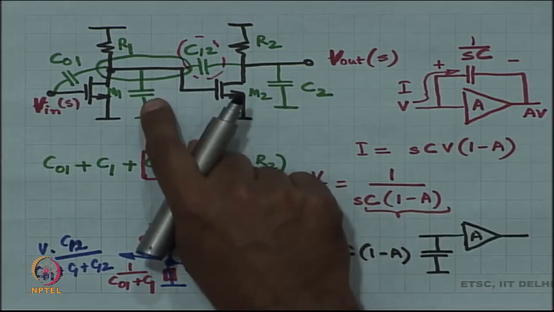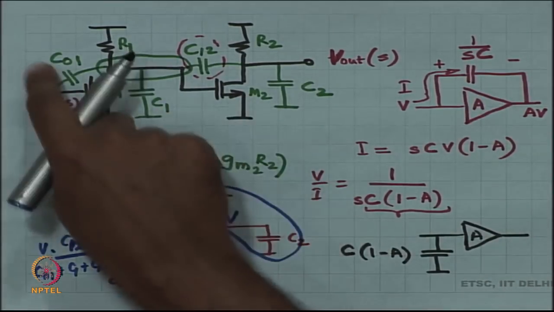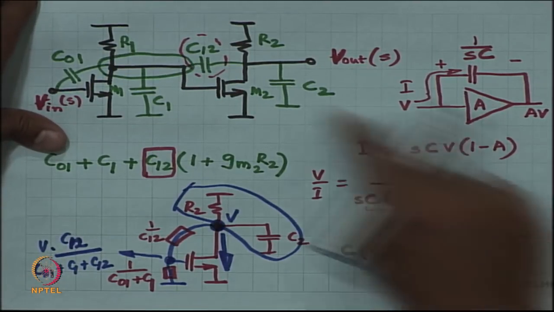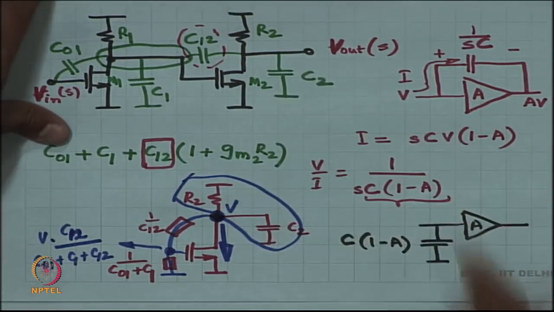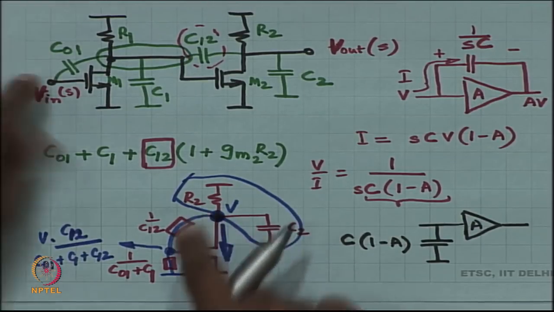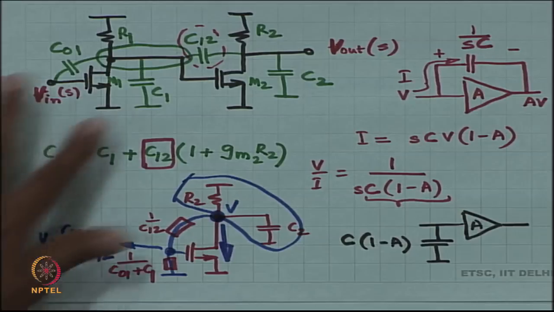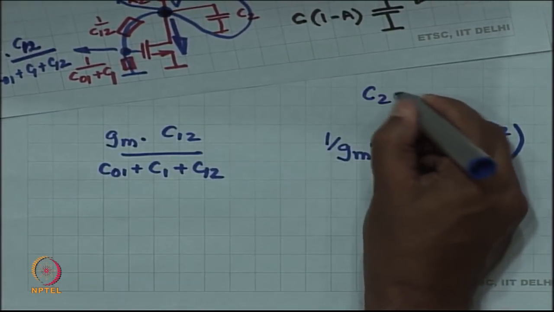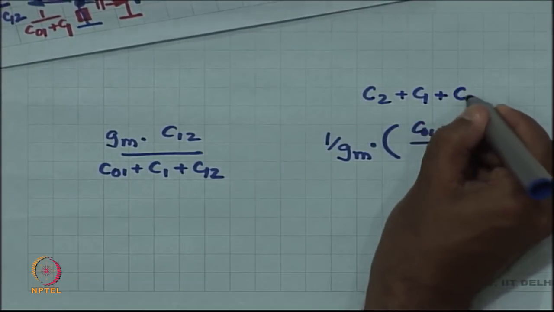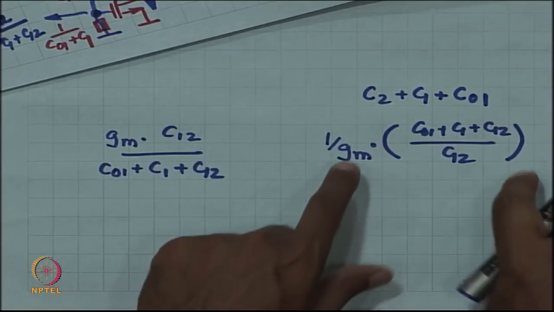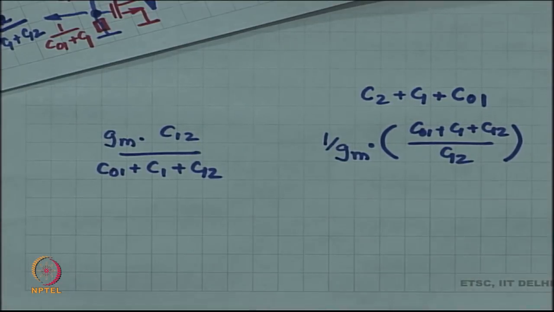So, therefore, it is just about equal to C1 plus C01, because C12 is a large quantity from outside. Which means that the effective capacitance at this node is C2 plus C1 plus C01. This is the effective capacitance and this is the effective resistance.